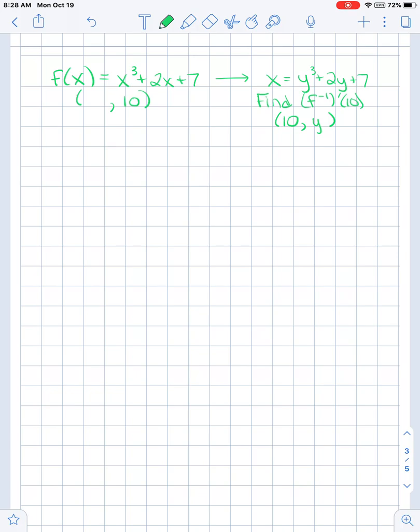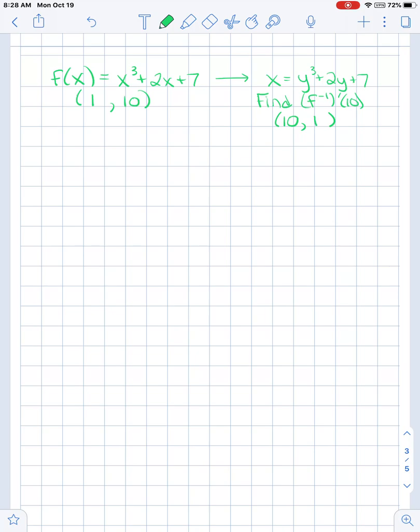I'm just going to tell you now, and I'll show you other ways to find it in a minute, but I know that when x is 1 in the original function, the output will be 10. So in the inverse, if 10 is the input, 1 will be the output. Okay, so let's find the answer.